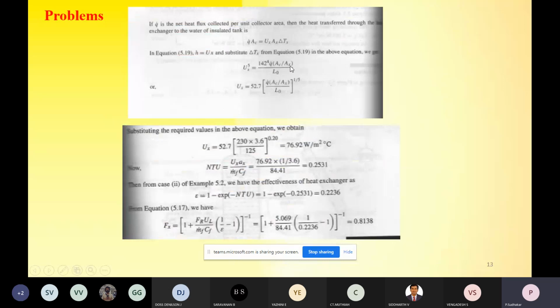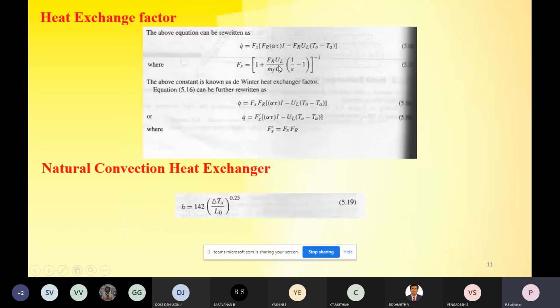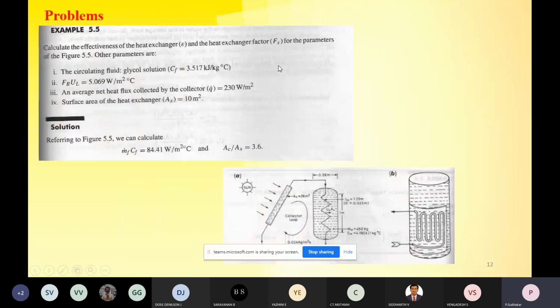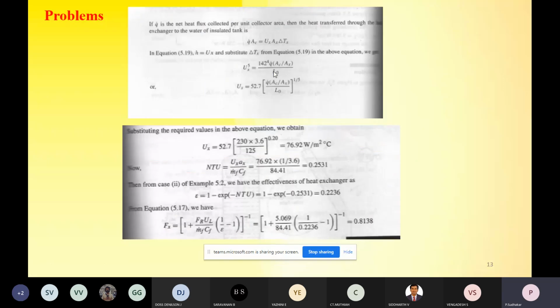When you follow some mathematical steps, you get Ux to the power 5 equal to a constant to the power 4 times Q dot Ac Ax. The exponent is 0.25, which is 1 by 4.